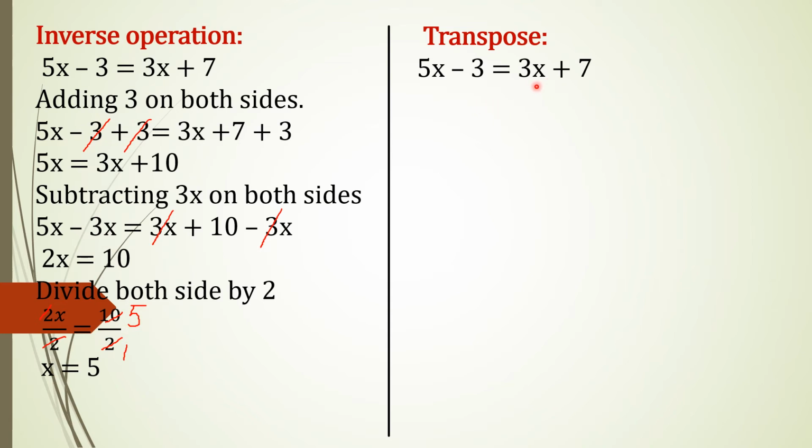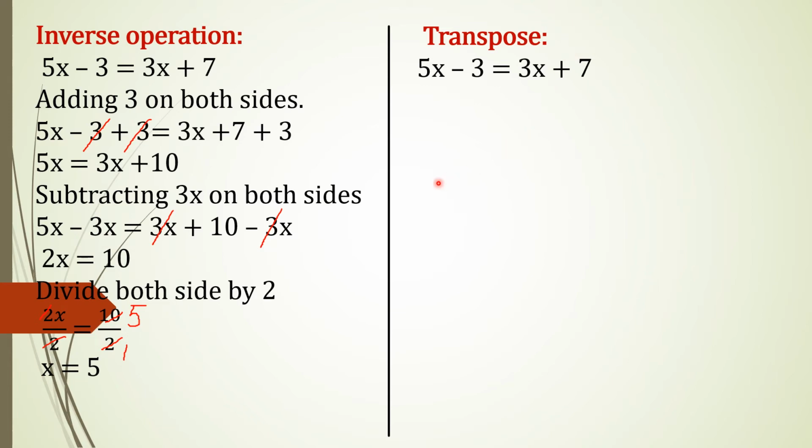Here it is plus 3x. When it is not given, obviously it is positive 3x. So when it comes to the left hand side, it will become minus 3x, and the number I'll shift to the right hand side. This minus 3 will go to the right hand side, so from here it will become plus 3.